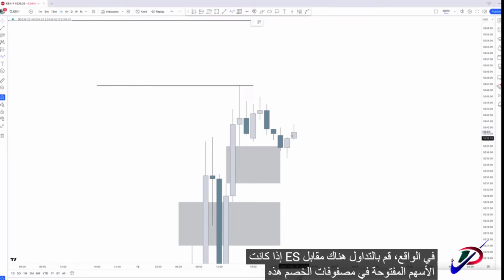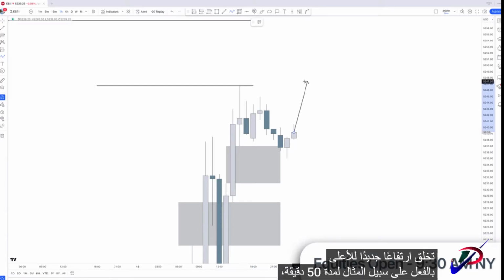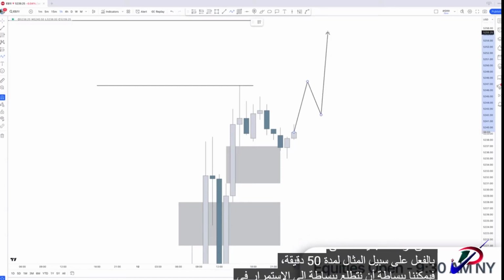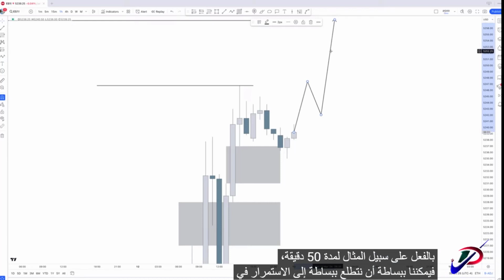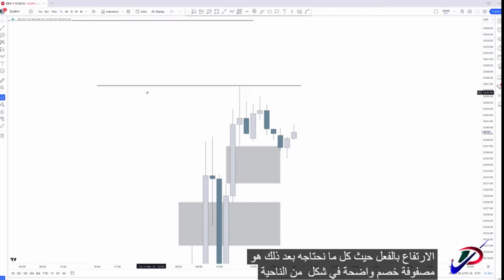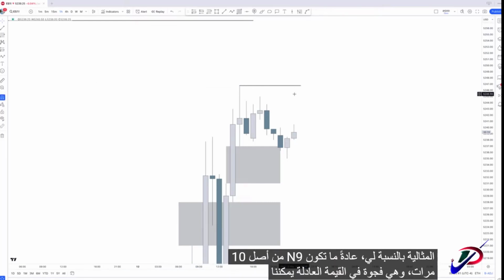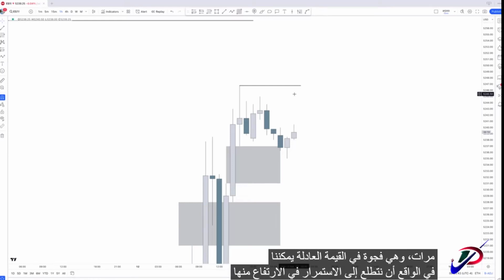If equities open stings into those discount arrays, creates a new fair value gap higher already, for example, on the 50 minute, then we can just simply look to continue higher already. Where all we then need is a clear discount array in the form of, ideally for me, it's usually 9 out of 10 times, a fair value gap that we can actually look to continue higher from.